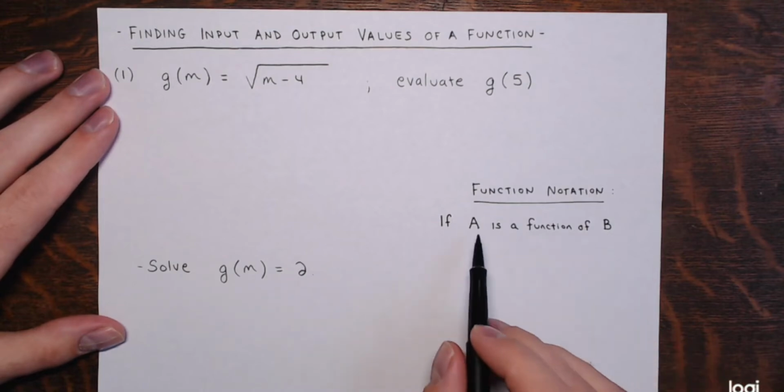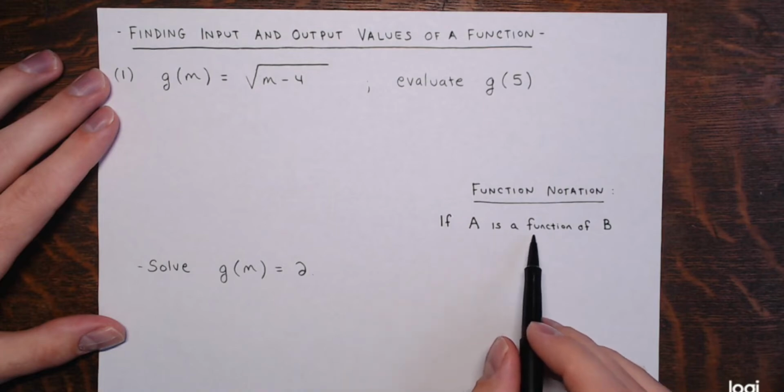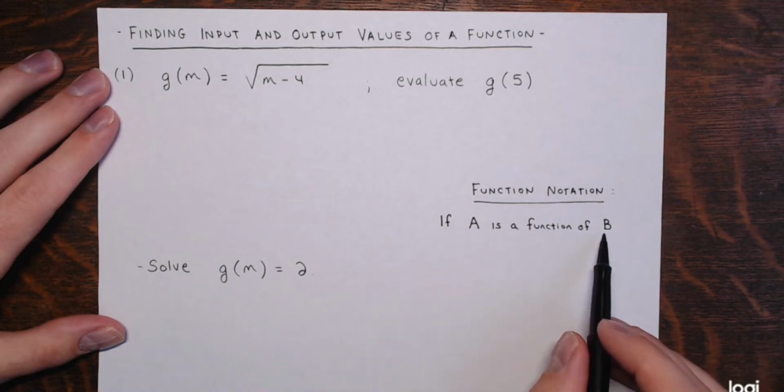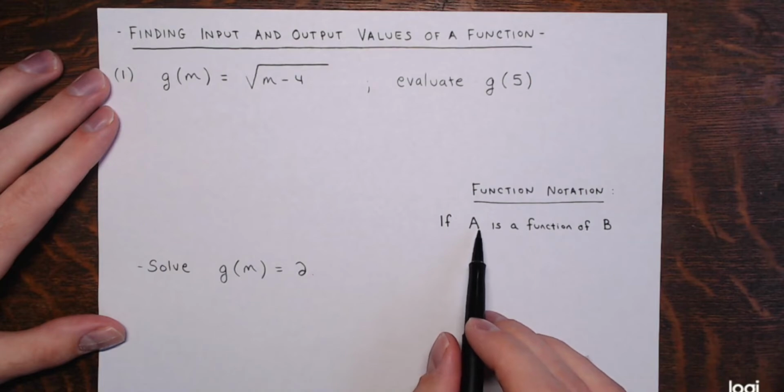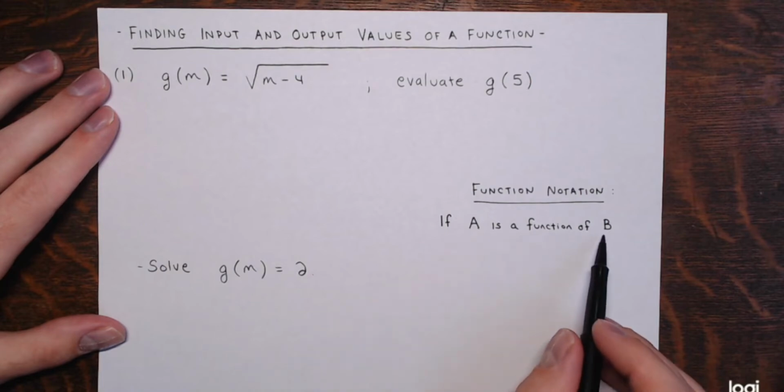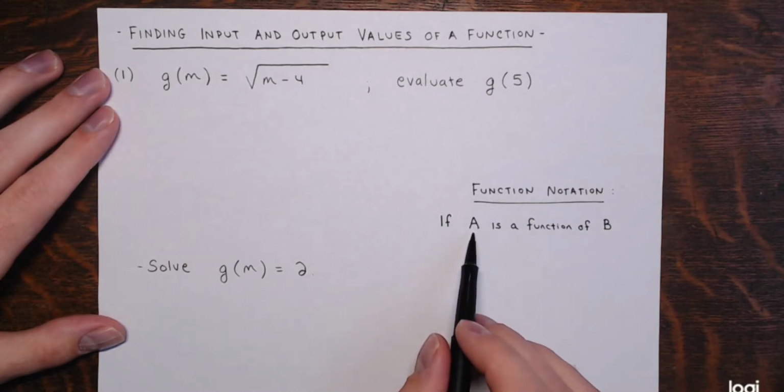Remember, when I say that A is a function of B, that means that each value of B is paired with or corresponds to exactly one value of A, right? Or each allowable value of B corresponds with exactly one value of A.